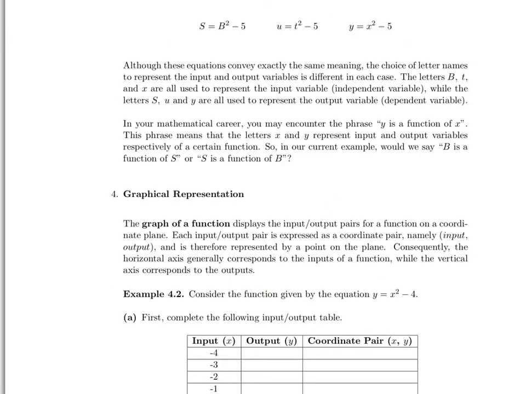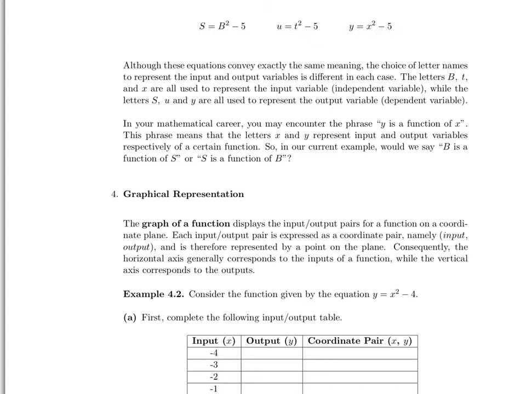We generally use letters to represent the input and output variables instead of actually writing the words input and output. So for example, the equation on the previous page, where it said output is equal to input squared minus 5, could be written this way, or this way, or this way.